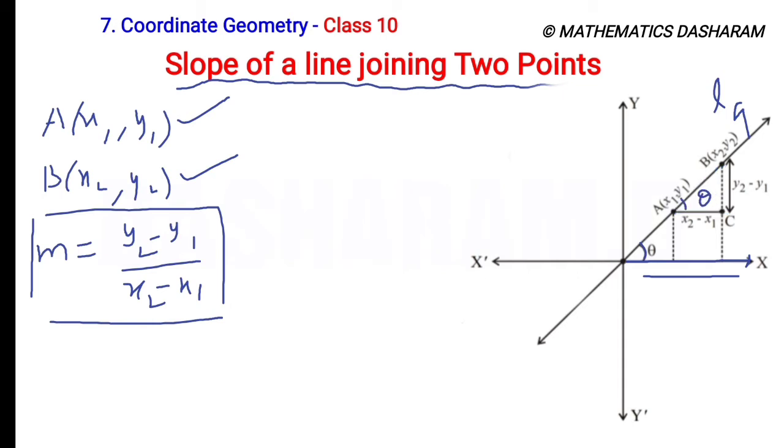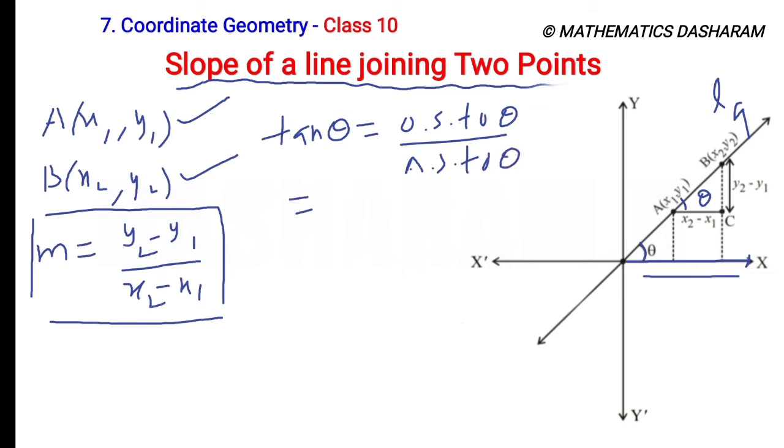Now for that angle theta, let's apply the trigonometric ratio tan. In the trigonometric ratio, tan theta equals the opposite side to theta divided by the adjacent side to theta.